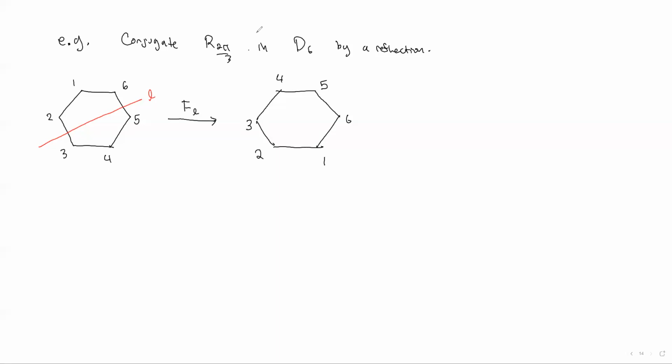Okay, and now we apply r to pi over 3. So we get 1, 6, 5, 4, 3, 2.